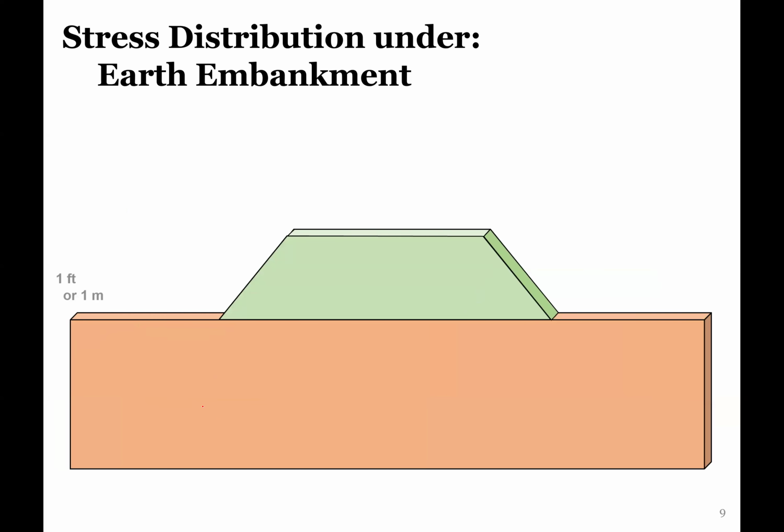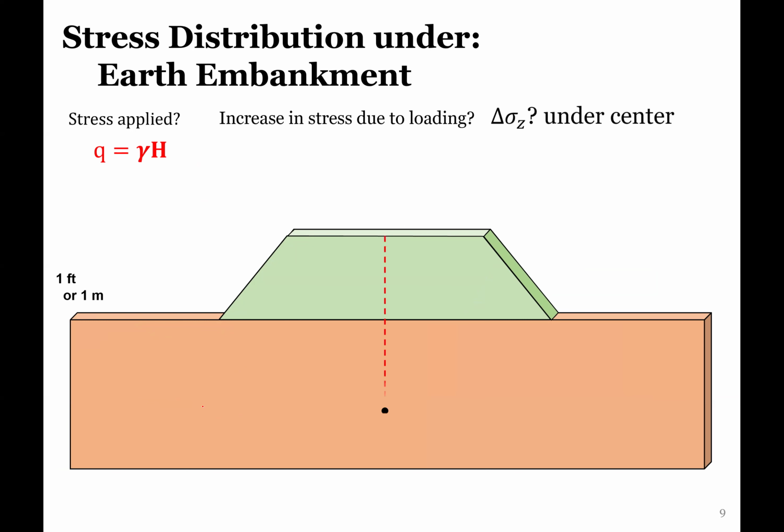So let's just say it's one meter thick. This stress applied at the ground surface is going to be due to this density times h, and that h is going to be the height of our embankment here.